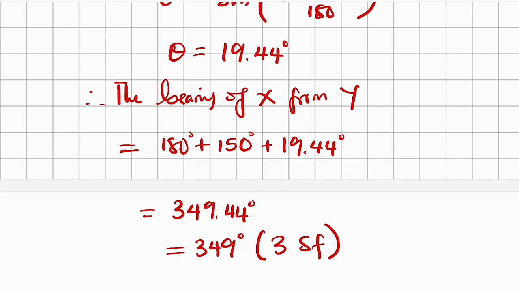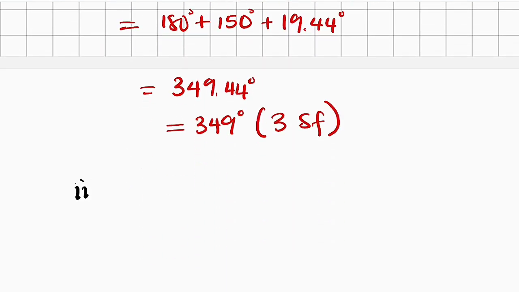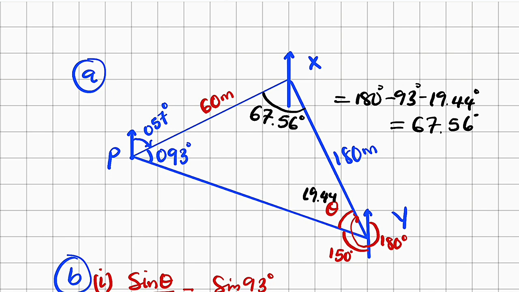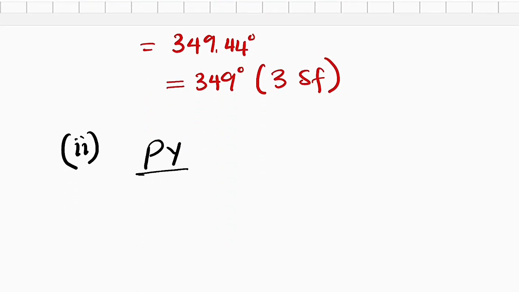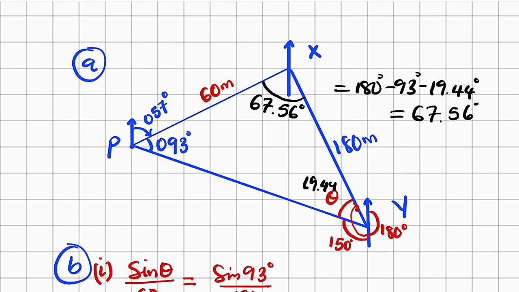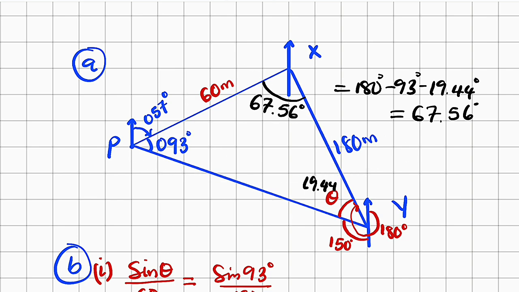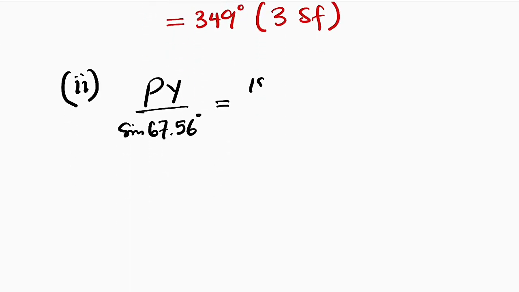We can equally apply the sine rule to find this side length. So let's do that. We are looking for PY, so PY divided by the sine of the angle opposite to it, which is 67.56 degrees, is equal to, taking the other combination, 180 divided by sine of 93 degrees.